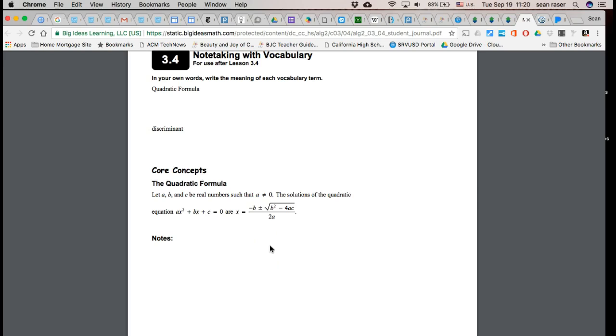There are different methods for memorizing this. Some of you may have heard the formula sung to the tune of Pop Goes the Weasel. I know that was a really common way that some teachers in other classes introduced this as a way to memorize it. But this is something that you will need to memorize to be able to use.